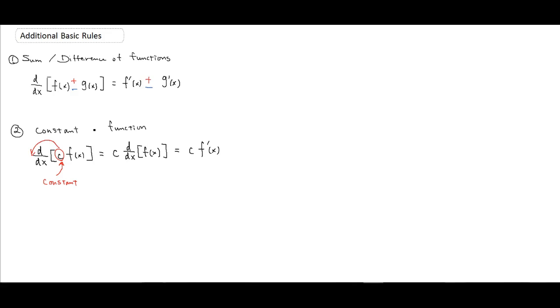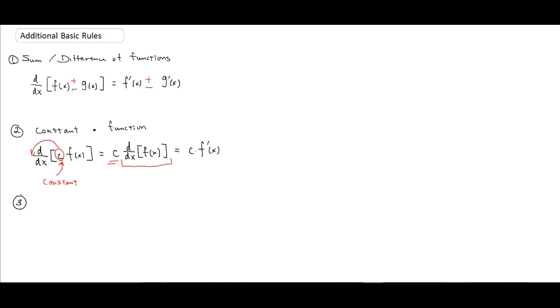So it is going to be the same thing as this constant times the derivative of the original function f of x, and the result is going to be that same constant times the derivative of f, which is f prime.